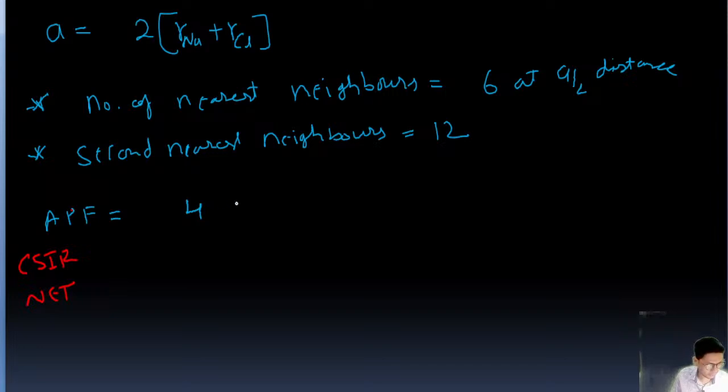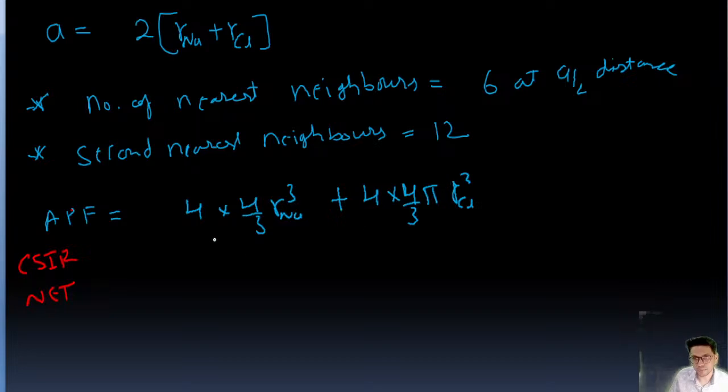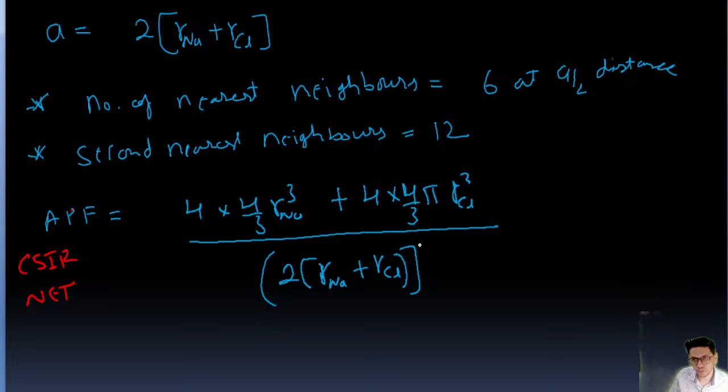So 4 into 4 by 3 pi RNa cube, that is the volume of the sodium atom, plus 4 into 4 by 3 pi RCl cube for the chlorine atom, upon A cube. A cube is this: 2 RNa plus RCl, that is the radius of sodium plus the radius of chlorine, whole cube, right?